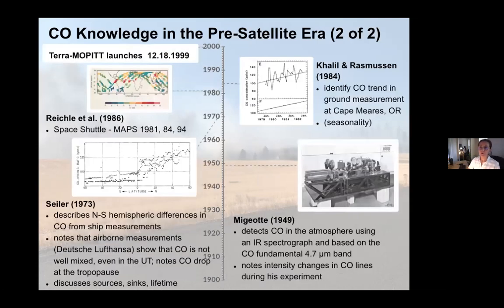Now, if we move to the 20th century, Millot, doing laboratory measurements with an instrument like this one here, detected the presence of carbon monoxide in the atmosphere, and also he realized that measurements done in consecutive days showed different concentrations of CO. Later on, in this paper from 1973, Seiler presented a compilation of measurements done mostly from ships.